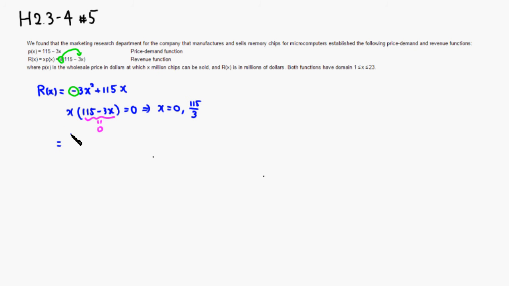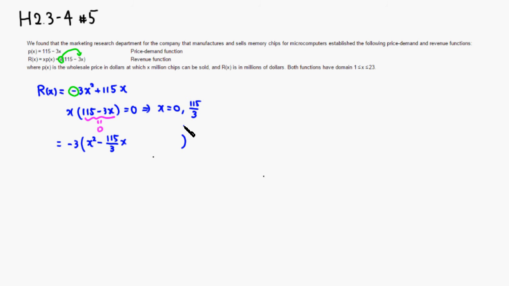So first thing, I would factor out negative 3. So you have negative 3, then you have x squared, then 115 divided by negative 3 would be negative 115 over 3, x. So this is just negative 3 factored out. Is that a nice number? 3 and 9, 25.